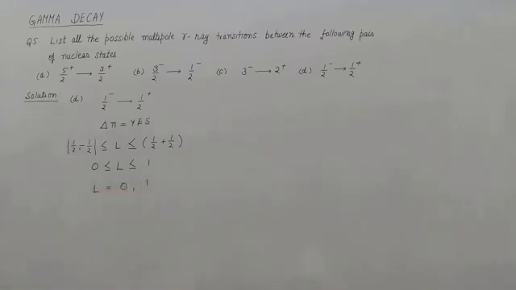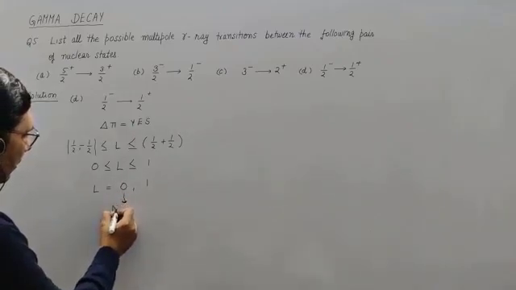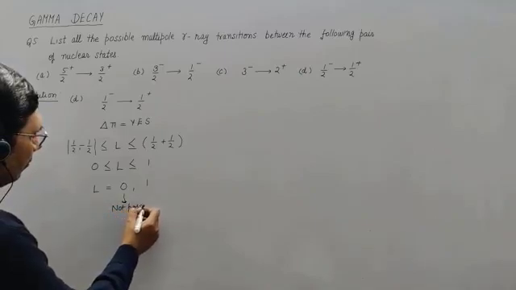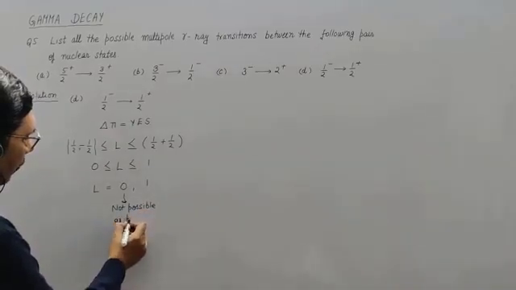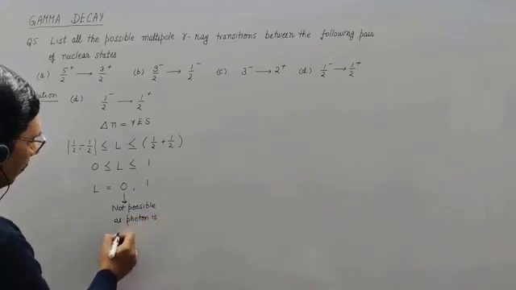But here we have to remember that this L is corresponding to photon and photon is a boson. So L equal to 0 is not possible, as photon is a boson.